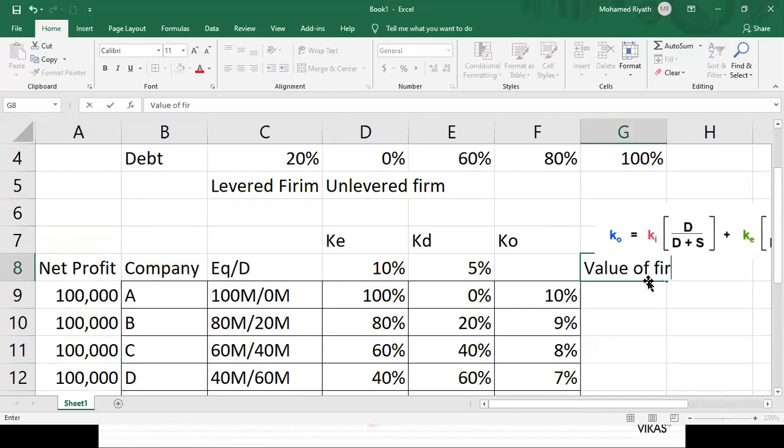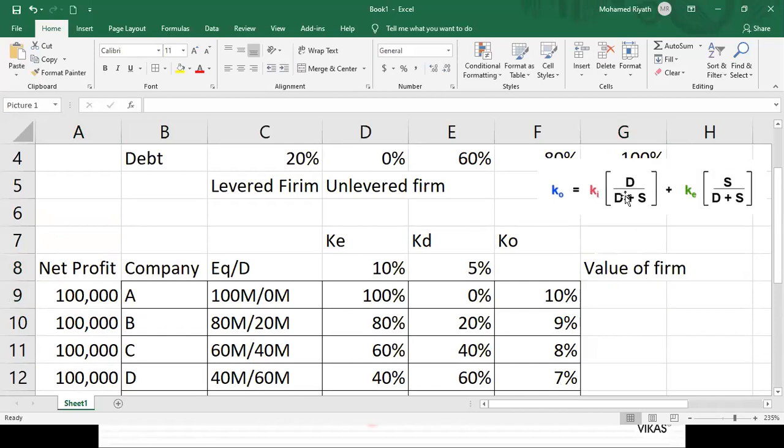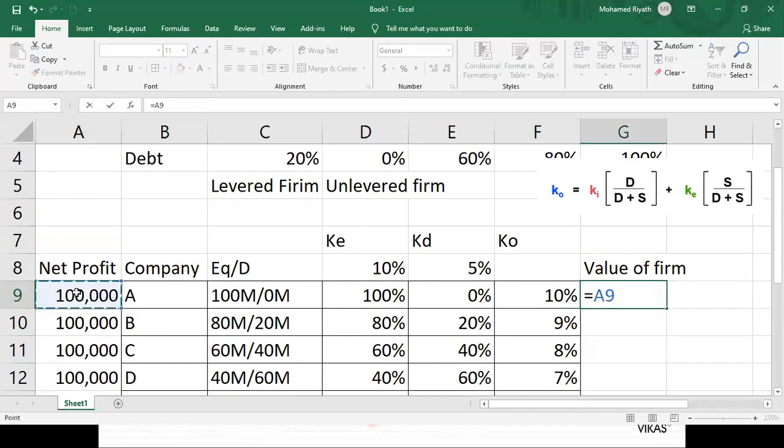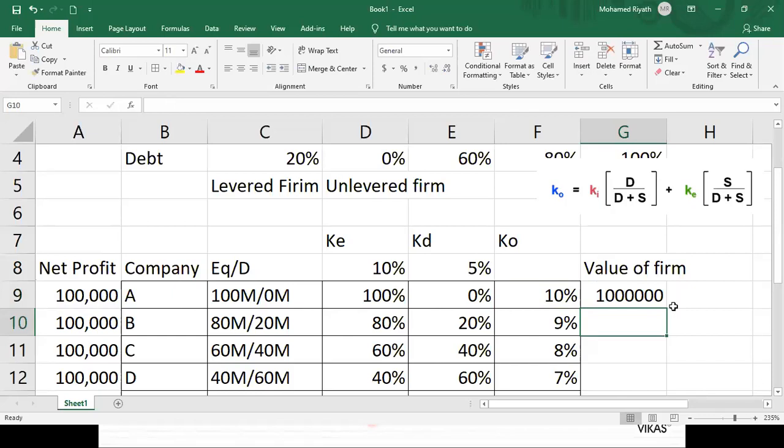Value of firm. How do we calculate value of the firm? Value of the firm equals net profit divided by overall cost of capital. Equals what? How much is the value of the firm?